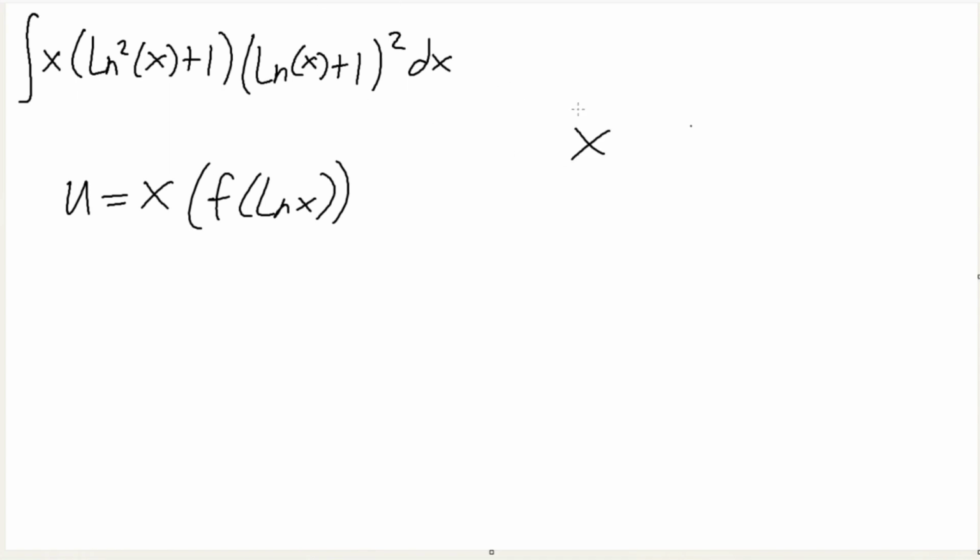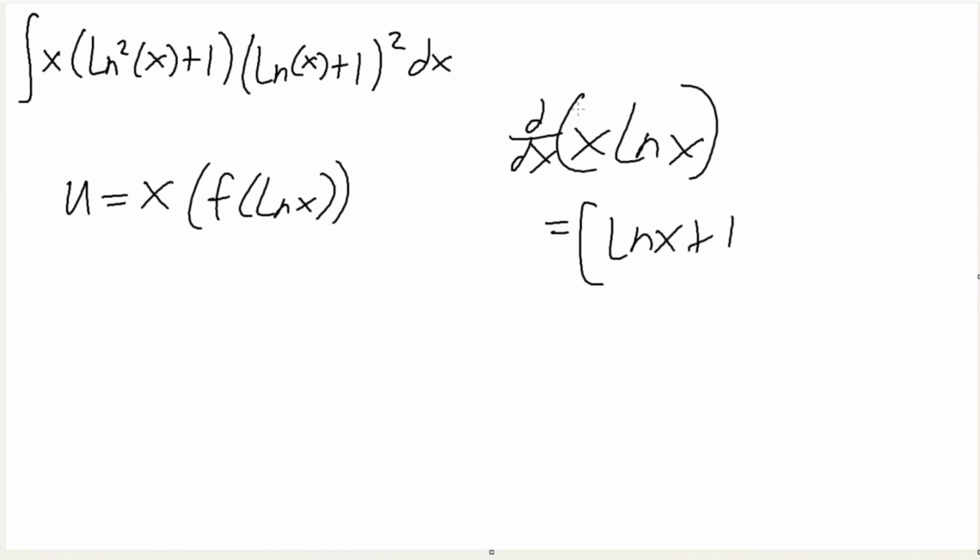Because we're so used to knowing the derivative of this, right? If we derive this, then this is ln of x plus 1, right? So x times some function of ln of x, like this, then your du is going to have a polynomial of ln of x's.